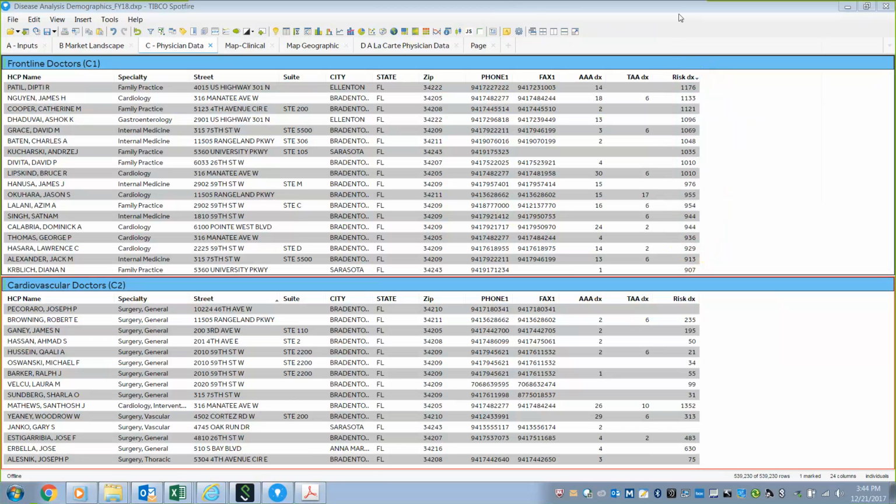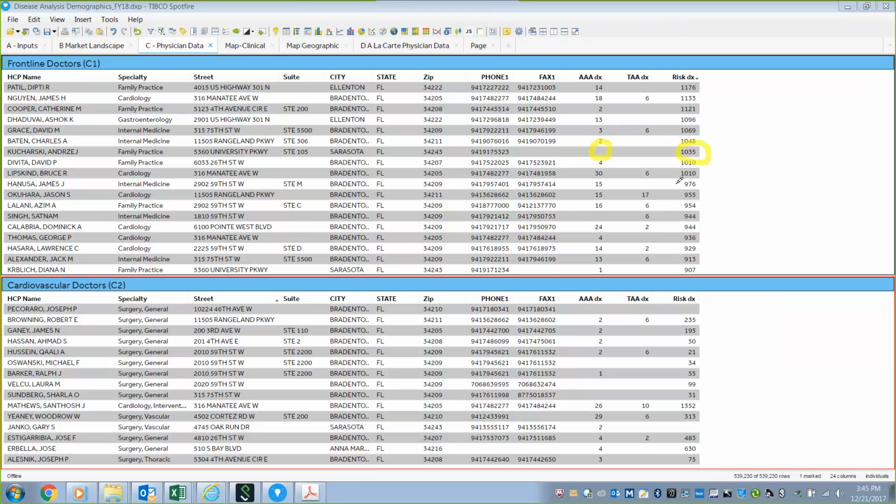diagnosis numbers. An example of that would be this doctor here, who has 1,000 and no claims of AAA. To me, that could be a couple of things. It could be that this doctor is undereducated on disease and does not pick up new cases of disease because they're not screening for it, they're not looking for it.